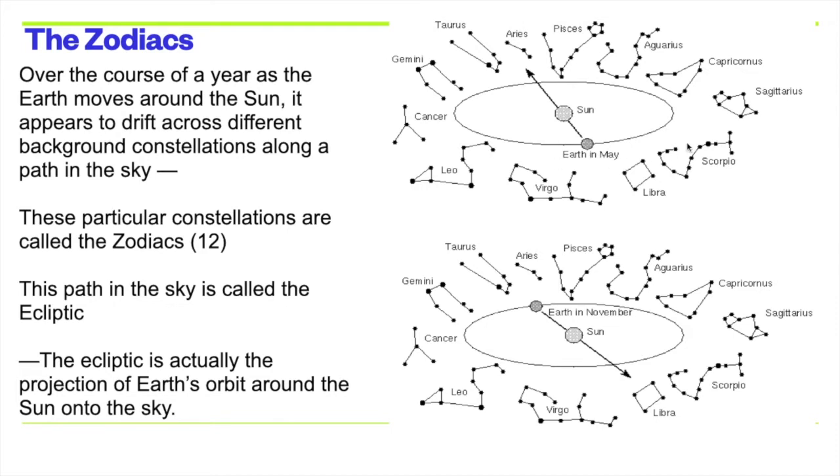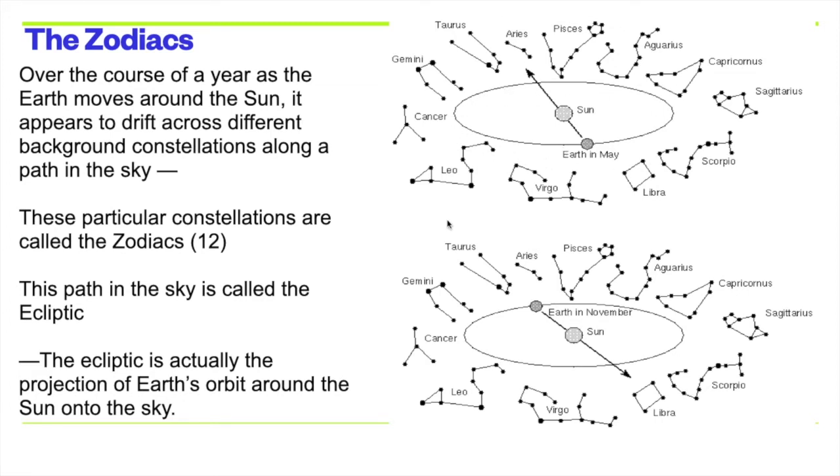So 12 such constellations are there which will appear in the background sky behind sun throughout the year, and these 12 constellations are called the zodiacs. Actually, the month system that we have refers to this positioning of 12 zodiac. Remember that there are many other constellations in the sky, but these are the 12 that appear along the plane of Earth's orbit. So much for the zodiacs.